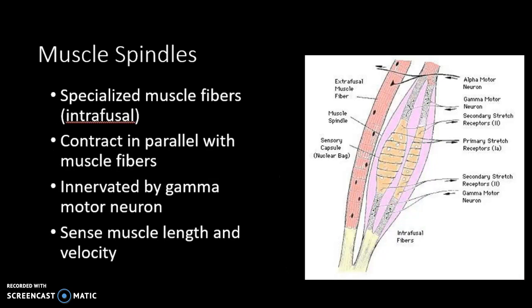So you can see our muscle spindles, which are intrafusal muscle fibers. They contract in parallel with muscle fibers. They do not contract as hard as our extrafusal muscle fibers, and they're not innervated by alpha motor neurons. They're innervated by gamma motor neurons. And the muscle spindles end up sensing change in length. So they sense muscle length and velocity.